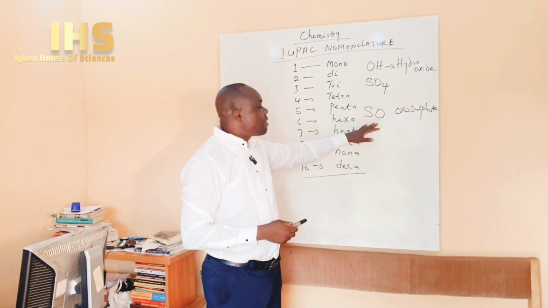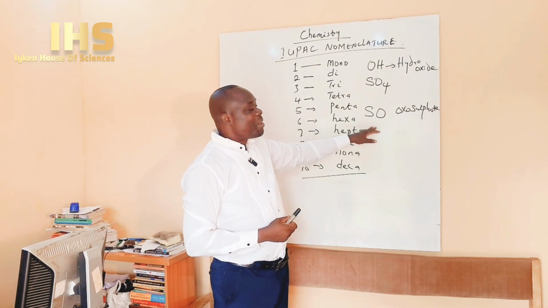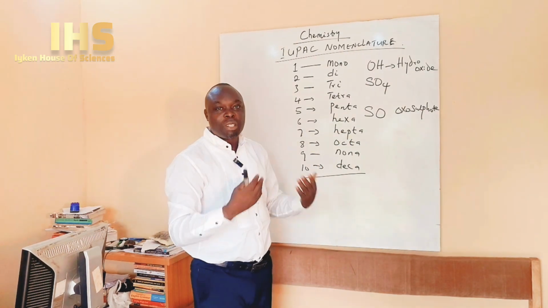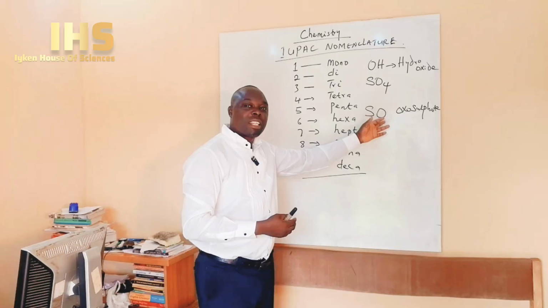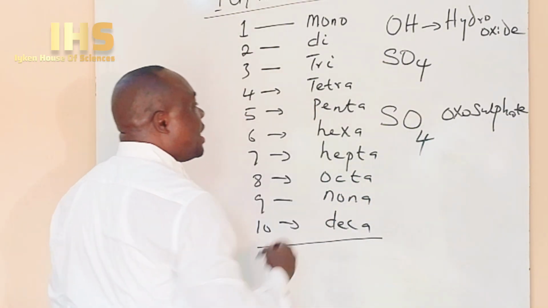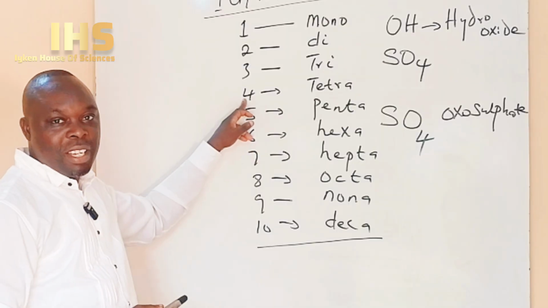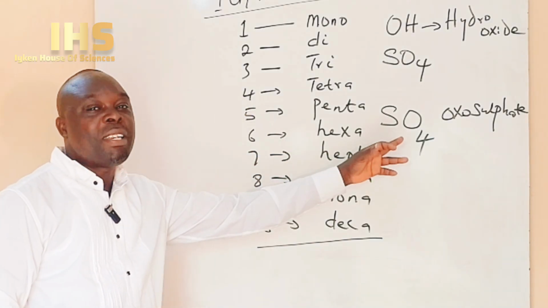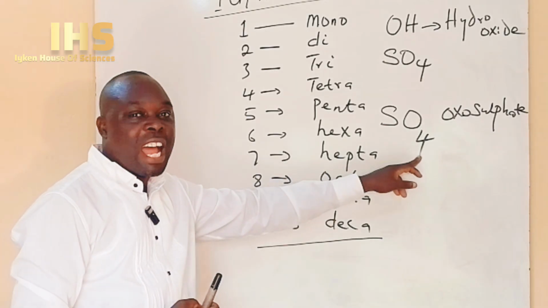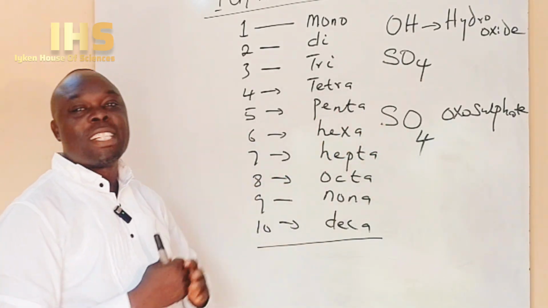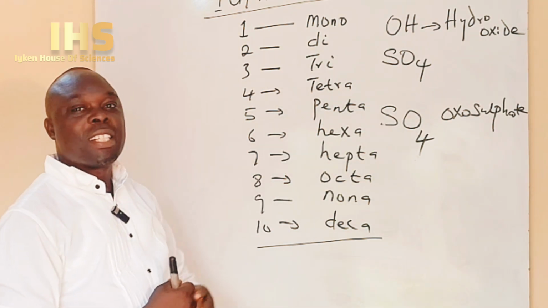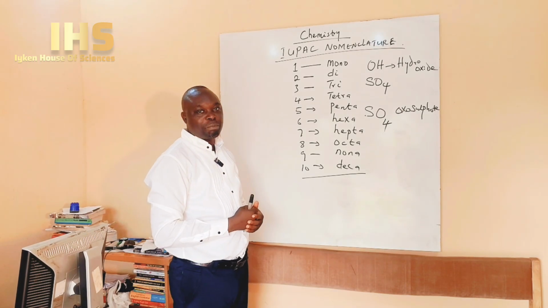But when you say oxosulfate, the chemist will like to know what is attached to that oxo, because many things can be attached to it. It can be 2, it can be 3, it can be 4. If it is 4 that is attached to it, then you go back to the 4 and name it backwards. So it's going to be tetraoxosulfate. That's how to name it.